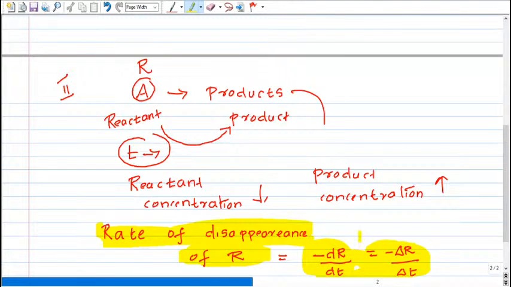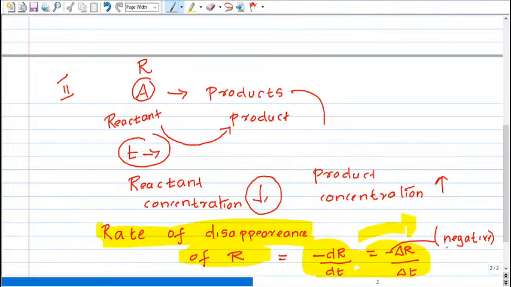They have asked only this formula many times, minus dR by dt. Remember this. Why we are putting minus here, you should also know. Why are we giving a negative sign? Because when the time goes on, you know very well, the reactant concentration decreases. Since it is decreasing, we are writing the symbol here as minus.